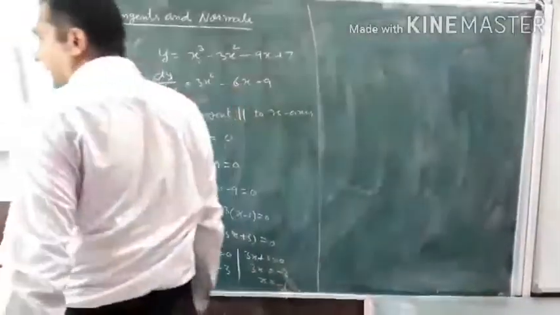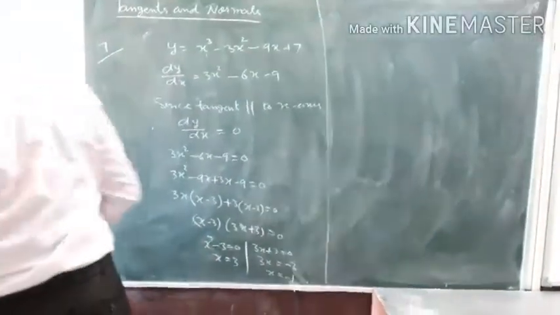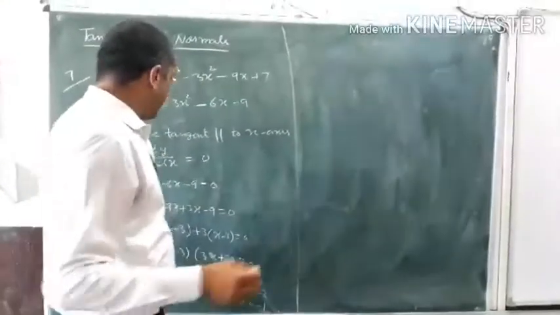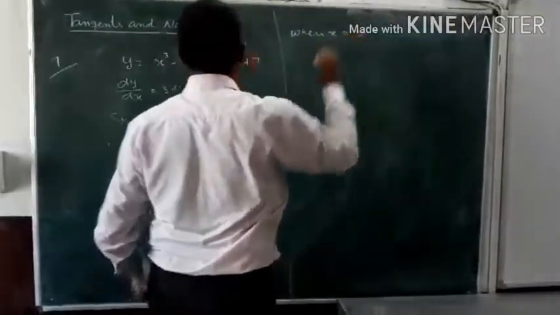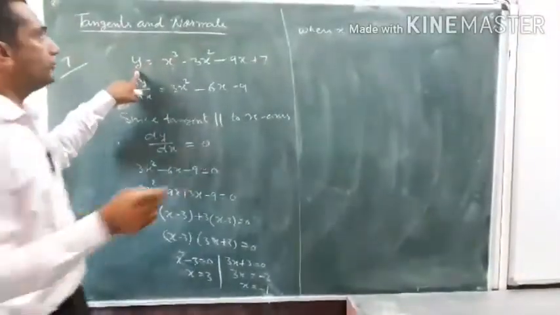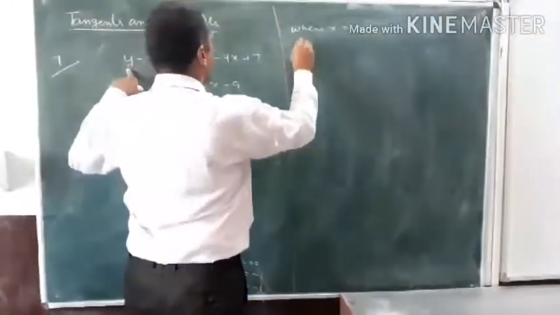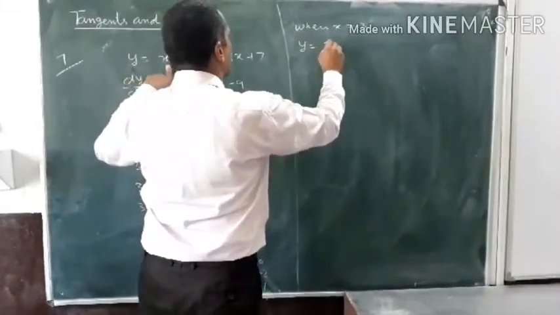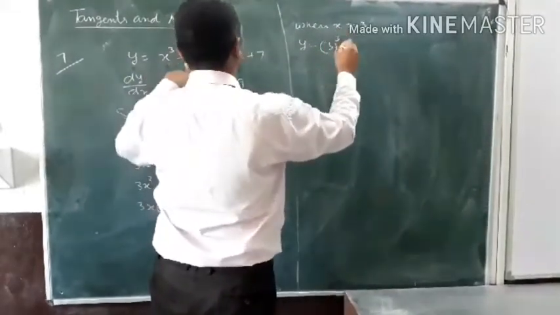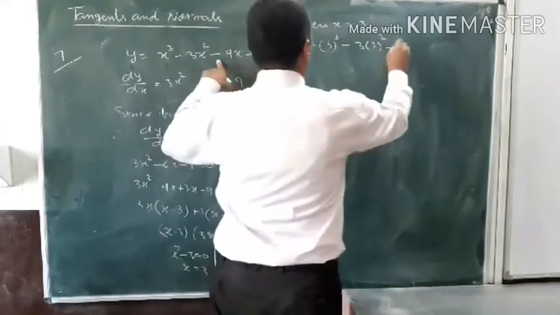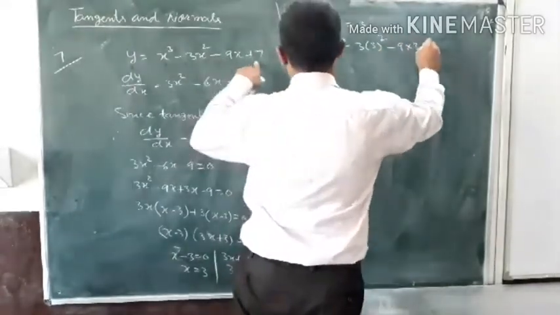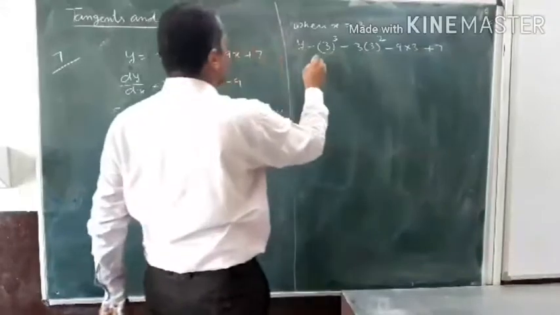Now you have to find the points at which the tangents are parallel. When x is equal to 3, putting the value of x here, y will be 3 raised to power 3 minus 3 into 3 raised to power 2 minus 9 into 3 plus 7.